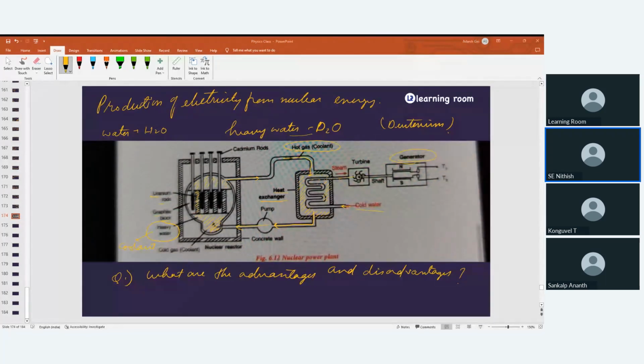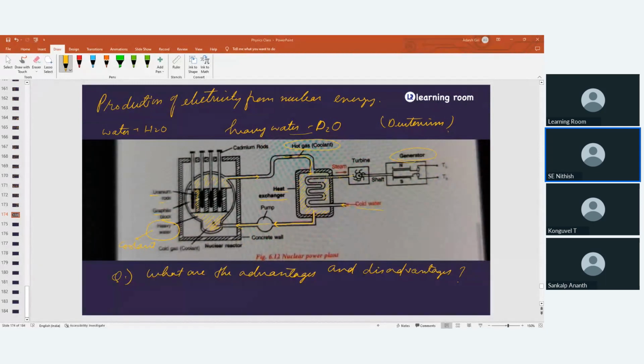The coolant becomes hot only because of the uranium reaction. The cold water is inserted from the outside, and it gets heated, vaporized, turning into steam, and that steam moves the turbines and produces electricity.